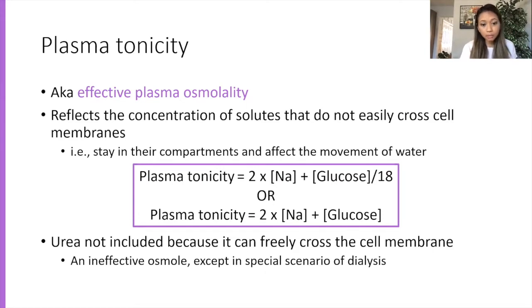Urea is not there because it doesn't freely cross the membrane. It's called an ineffective osmole, except in the special scenario of dialysis where a ton of urea all at once will act like an osmole, but for the most part, it does not. Okay, next.